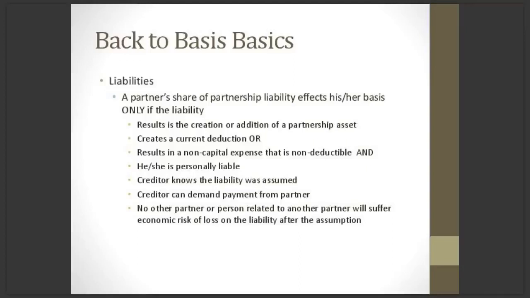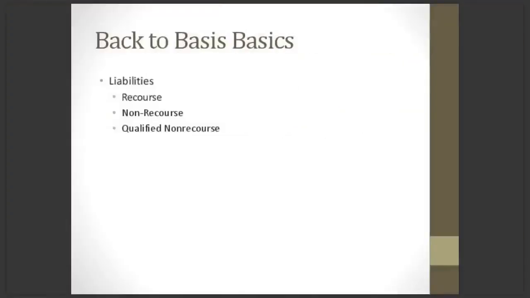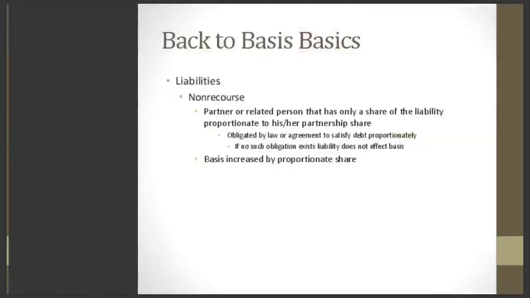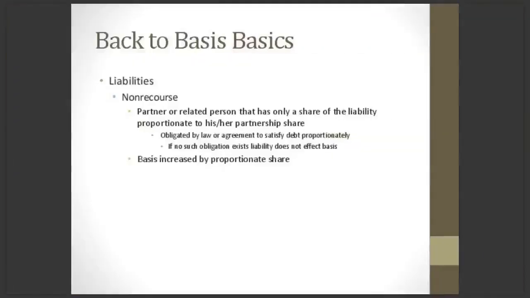Then, another one that we'll be talking about, of course, is we all hear the recourse, non-recourse, and qualified non-recourse. And I go into details. All of this is covered on the liability side on slides 14 through 18. You'll be able to take a look at these at your leisure, of course.